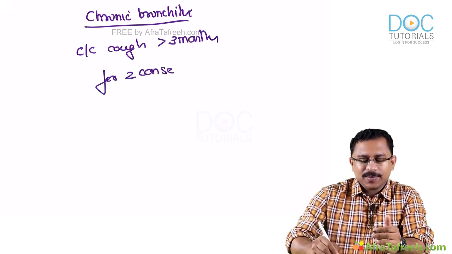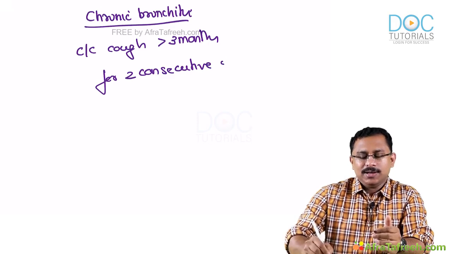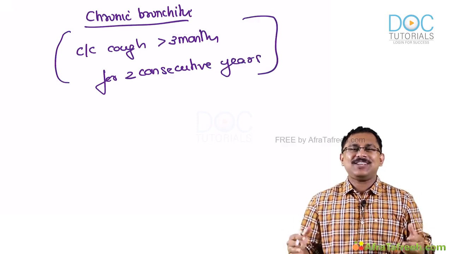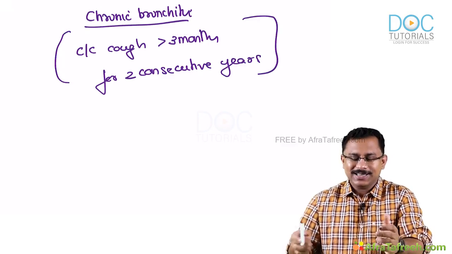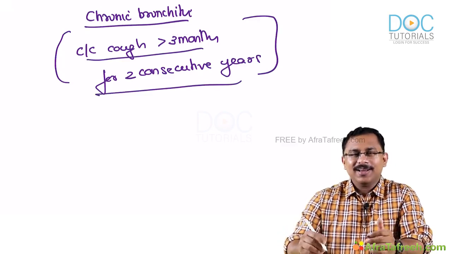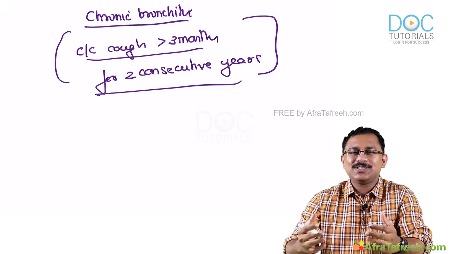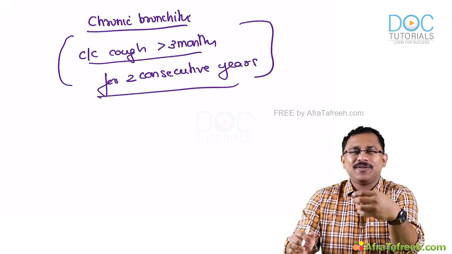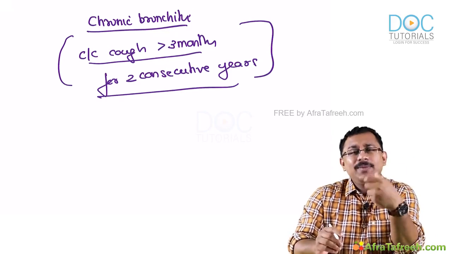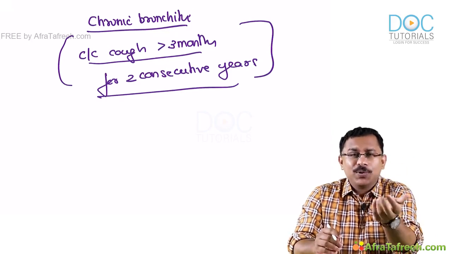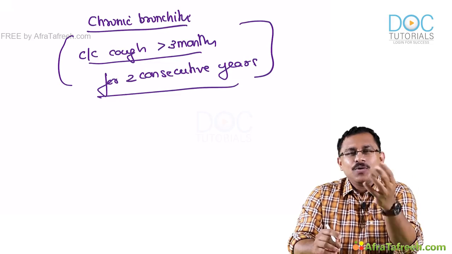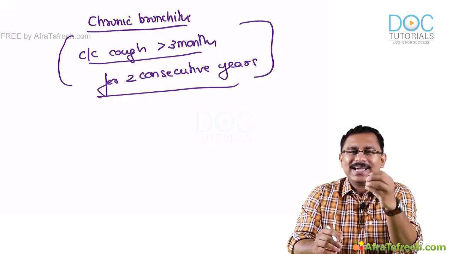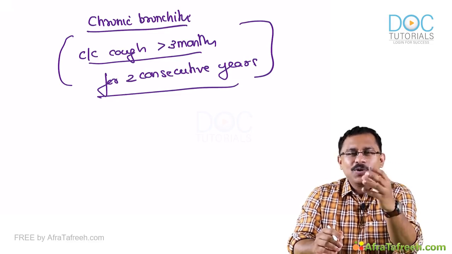That is when you diagnose chronic bronchitis, because there has to be an evidence of a chronic airway inflammation. So it is going to be a chronic cough for more than 3 months for 2 consecutive years. And remember, the nature of sputum in case of chronic bronchitis, it may be mucoid, it may be mucopurulent, it can be purulent. Why? Because initially there is a goblet cell hyperplasia and there is mucus production, mucoid.